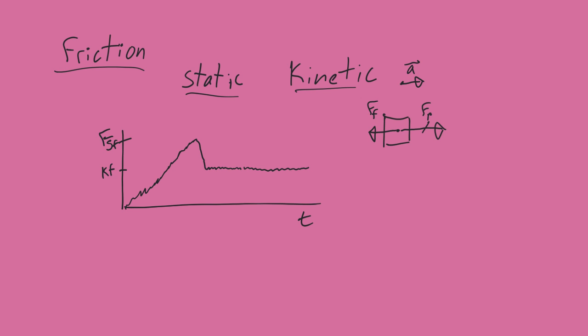Okay. So there are two different kinds, right? Right here, we get the static friction, and then the force of kinetic friction is here. So once you break the static friction, the force that friction applies is going to be less.